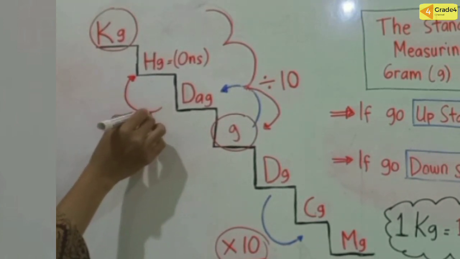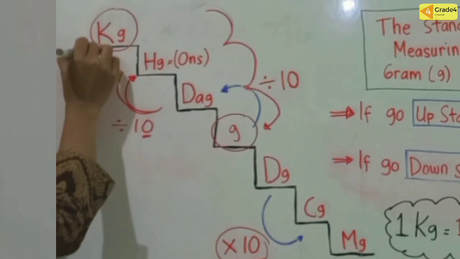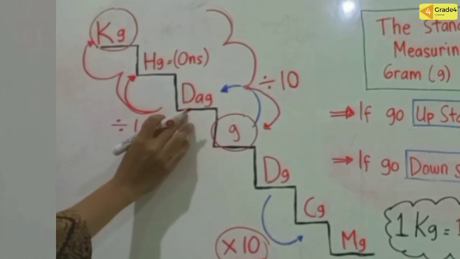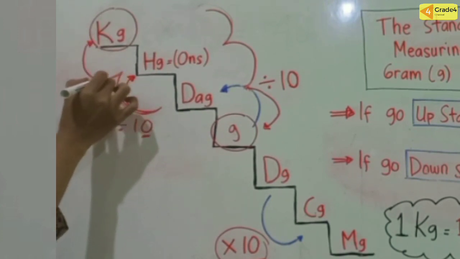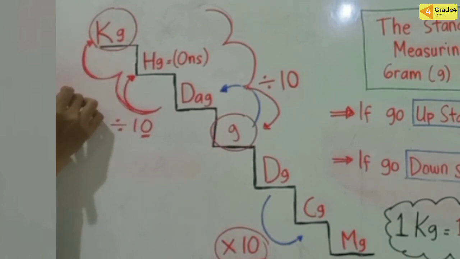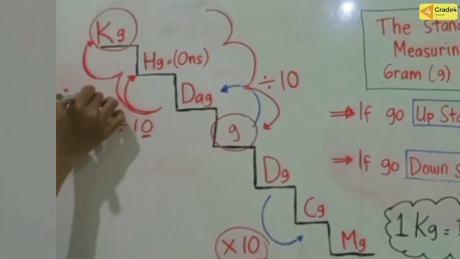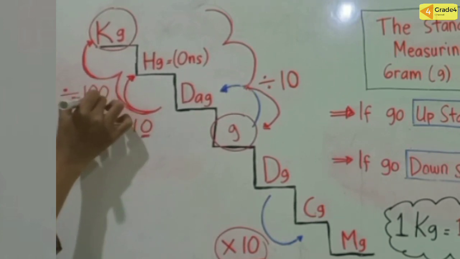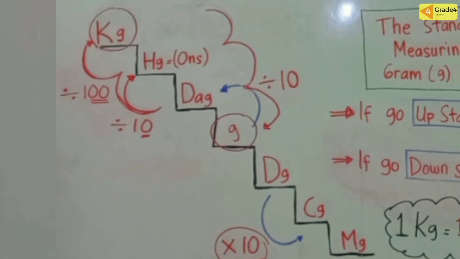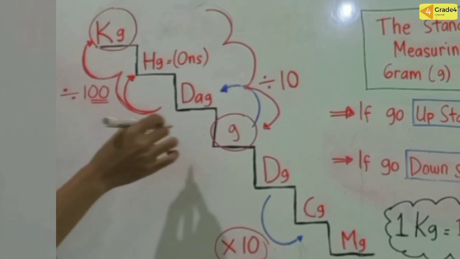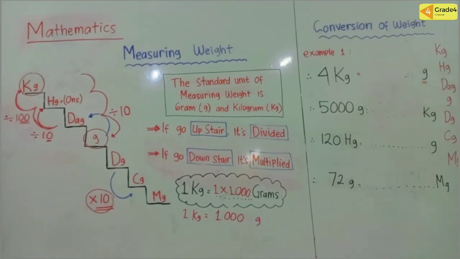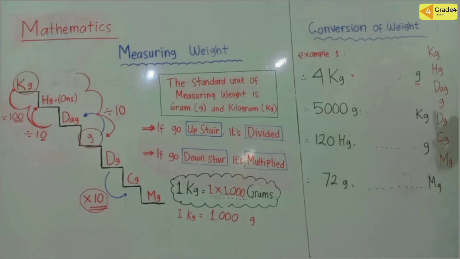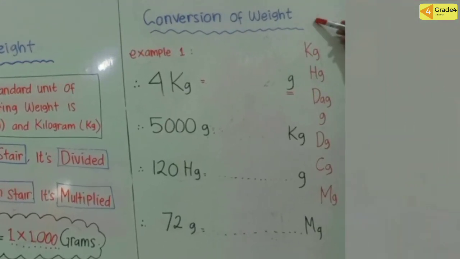If upstairs by 2 steps, from decagrams to kilograms, that is 2 steps, so we divide by 100, which consists of 2 zeros. So we add one 0 for each step of the stair, right?